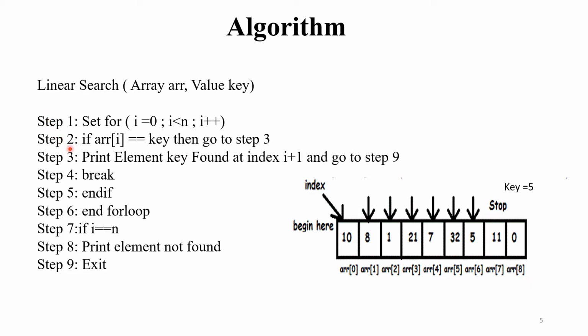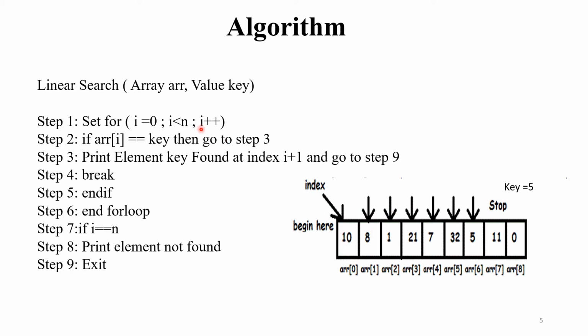In step 2, if array of I is equal to key. Here I is 0, so array of 0 is 10. So 10 is equal to key. Here key is 5. So 10 is equal to 5? This condition is false.